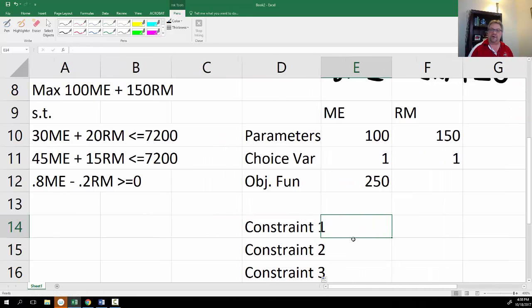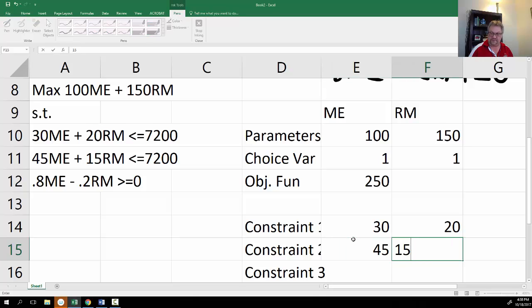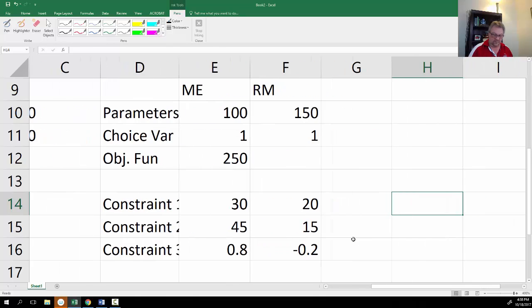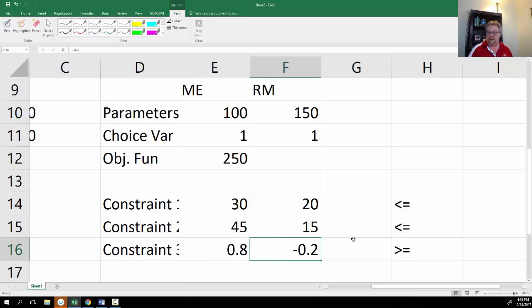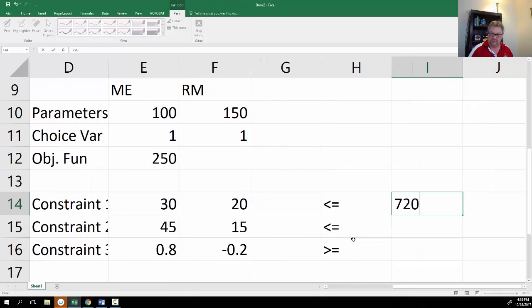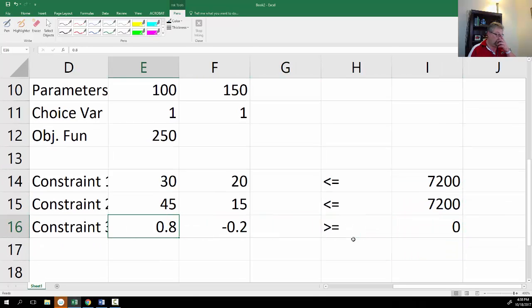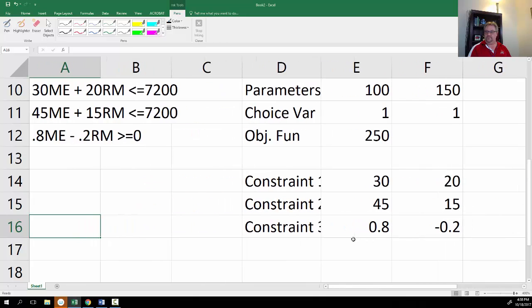Okay, so the parameters for my constraints, 30, 20, 45, 15, 0.8, now negative 0.2, less than or equal to, less than or equal to, greater than or equal to, and then 7,200, 7,200, and 0. And there you go.